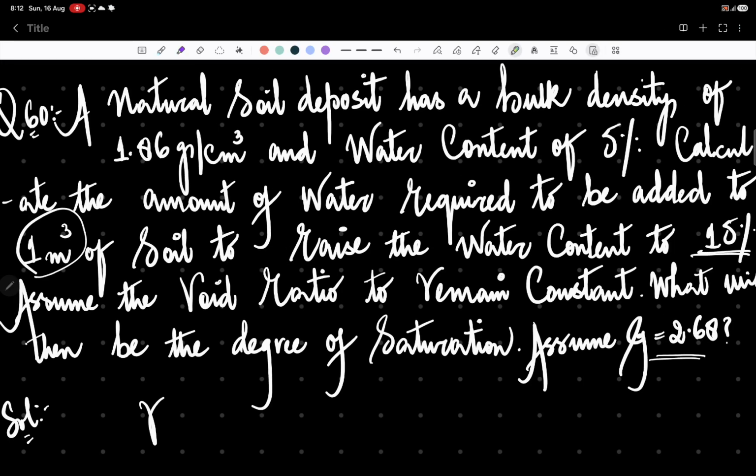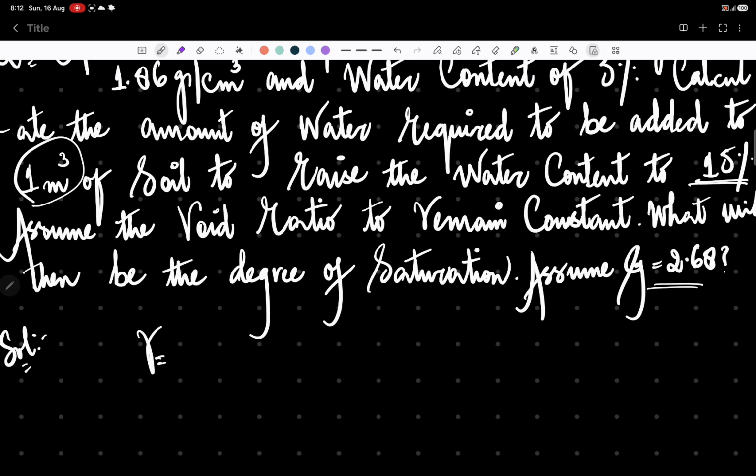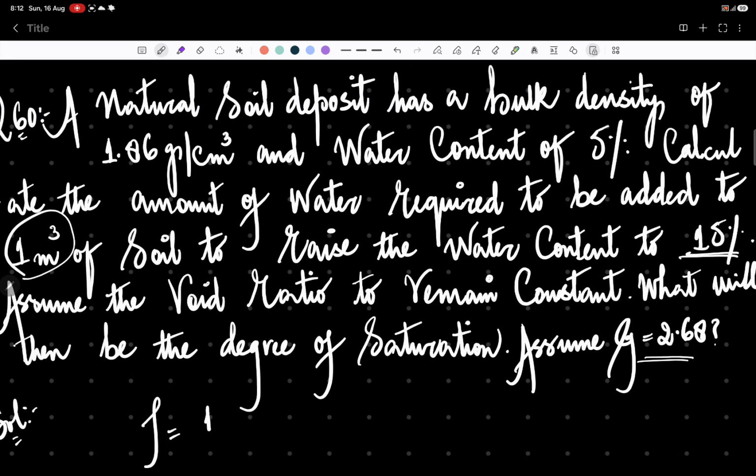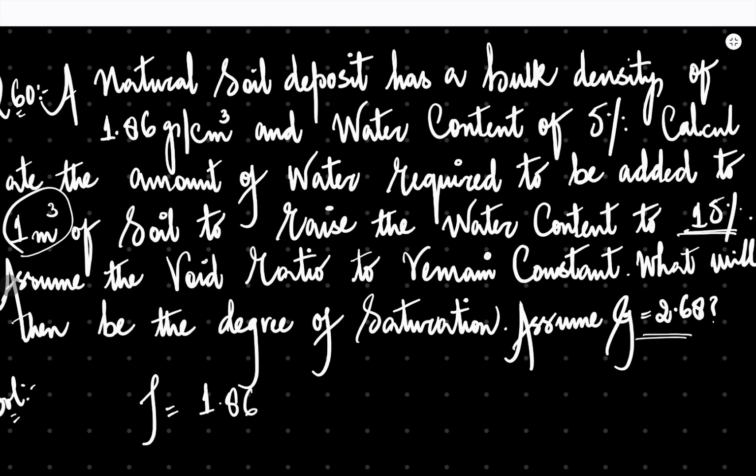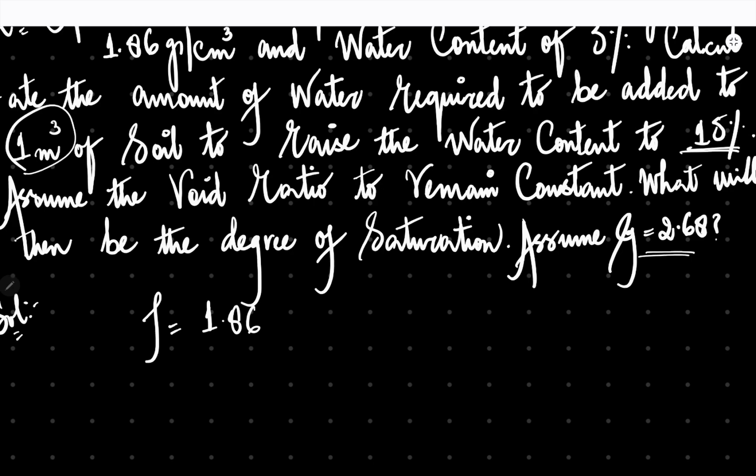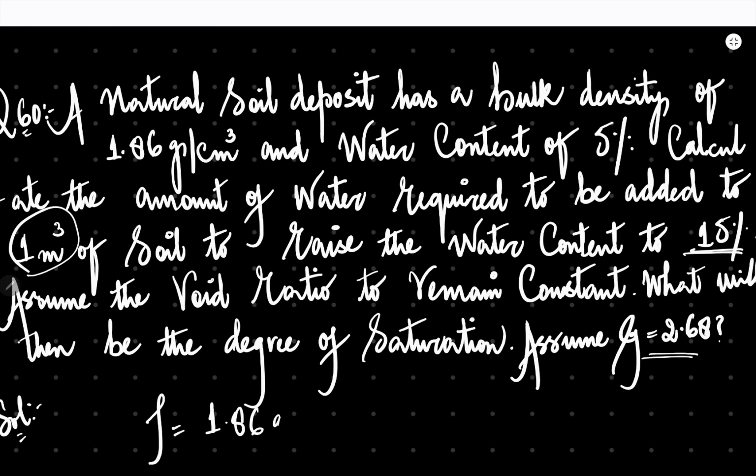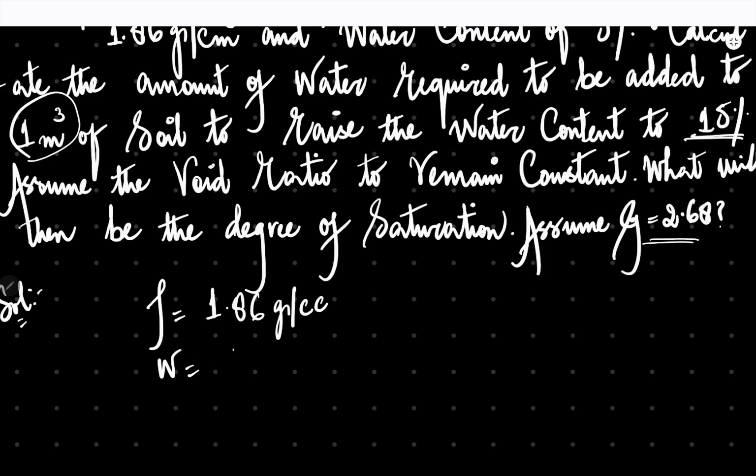Bulk density is, as per the question, 1.86. It is 1.86 grams per cc. And the water content is how much? It is 5%.